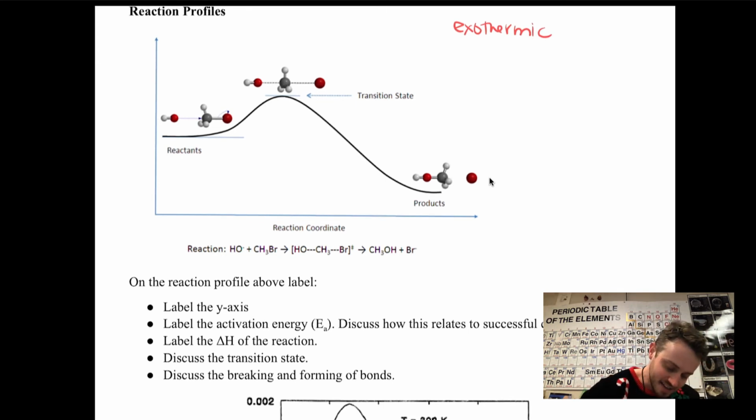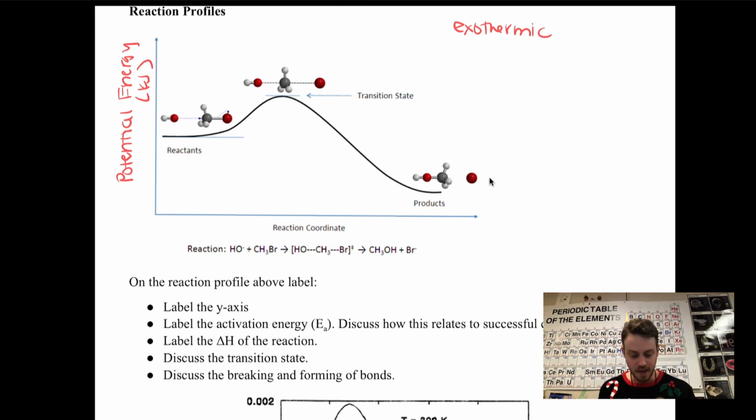The y-axis is our potential energy, or our energy. Honestly, you should probably pause me and write all these out yourself and see if you get what I get. The x-axis is already labeled as the reaction coordinate. You can also think of that as the progress of the reaction.